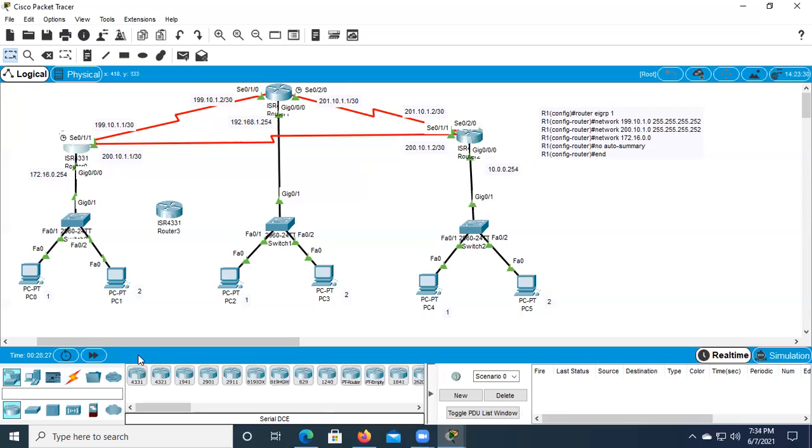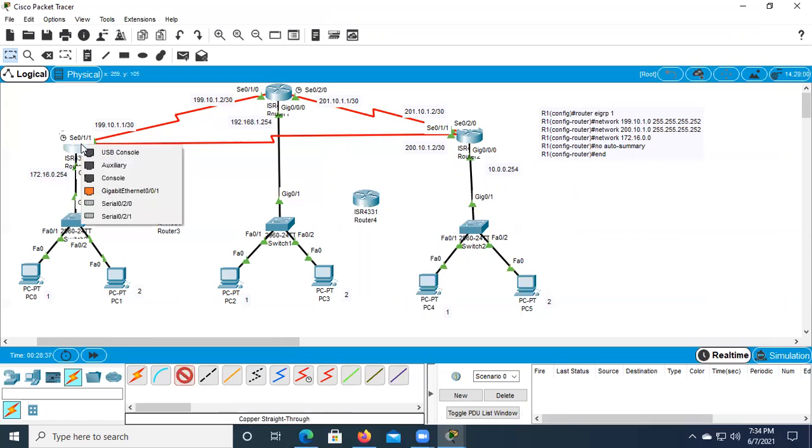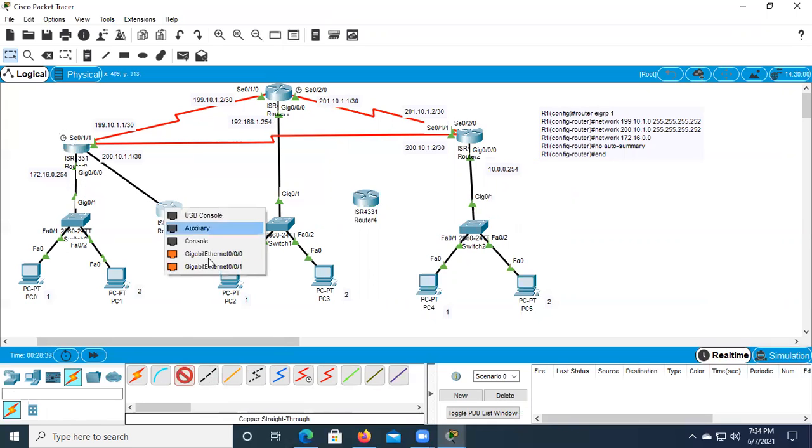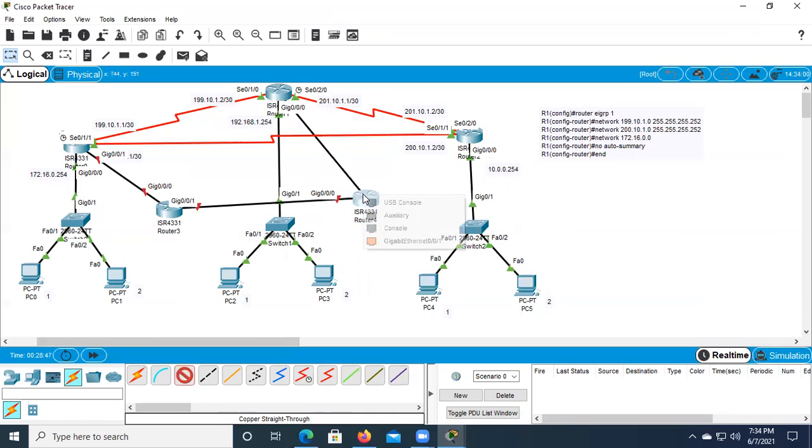Now, for example, consider some new router comes. No problem, let me connect. I can connect even the LAN also, Giga 0/1 connected into Giga 0/1. Consider this WAN connection is also up, and you have not configured the IP address.